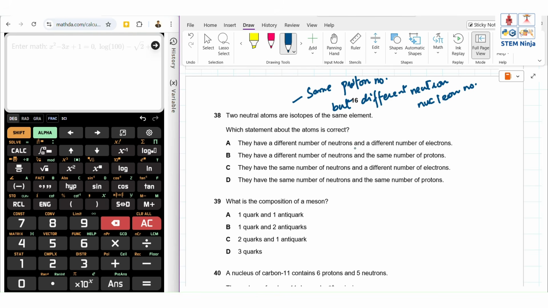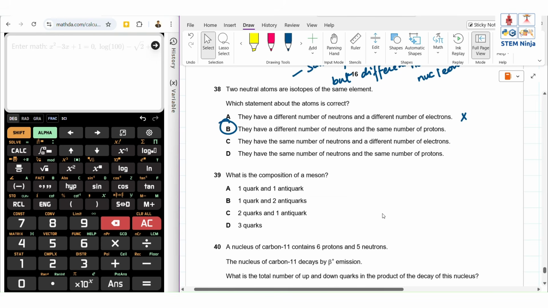Okay, they have a different number of neutrons and a different number of electrons. No, electrons would be the same. They have a different number of neutrons, but the same number of protons. This is correct. What is the composition of a meson? It has a quark and an antiquark. So one quark and one antiquark, simple answer.